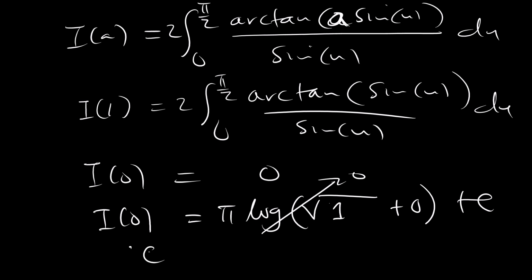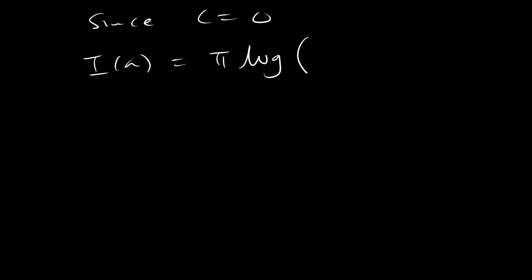So in other words, c is equal to 0. And therefore, since c is equal to 0, I(a) is equal to pi times the natural logarithm of the square root of 1 plus a squared plus a.